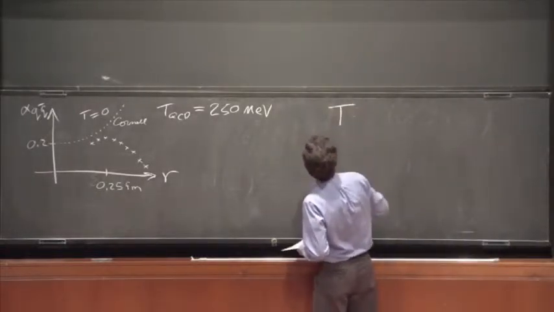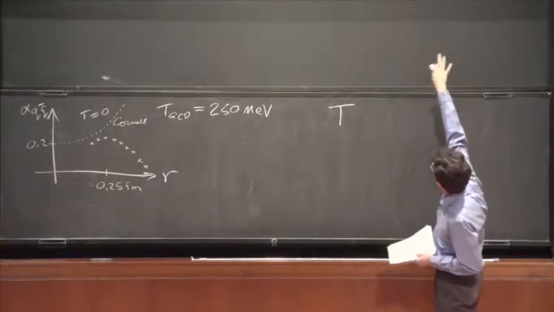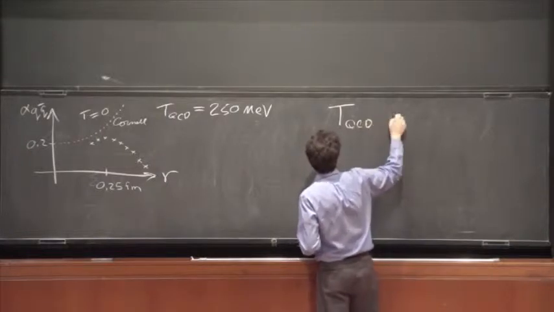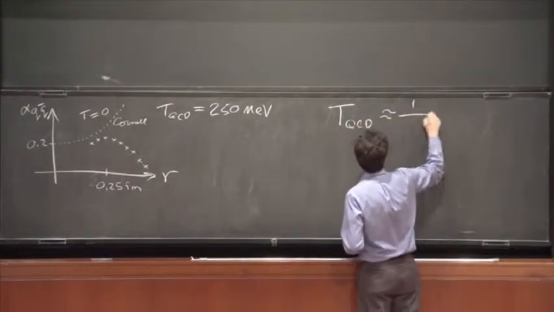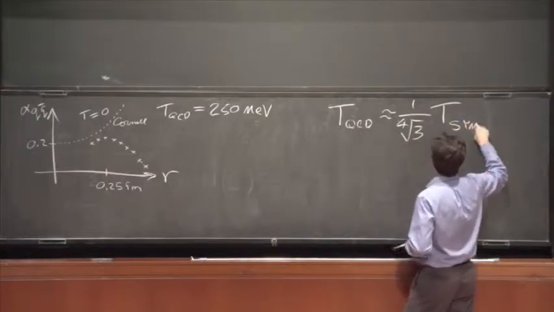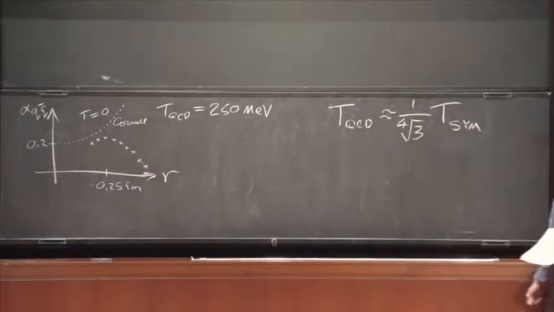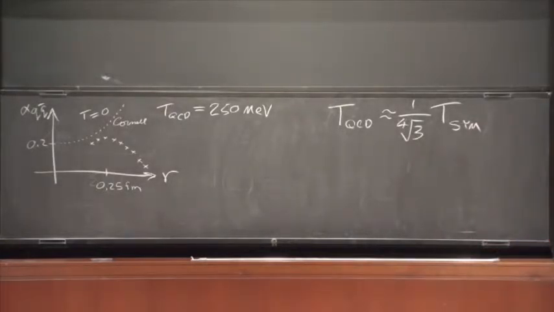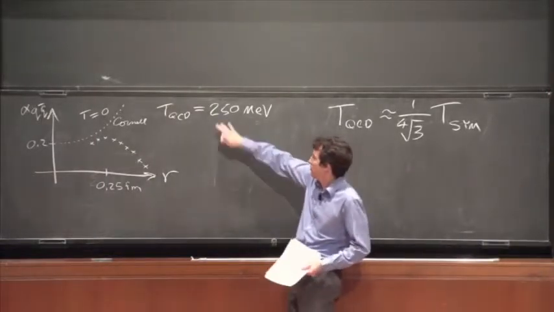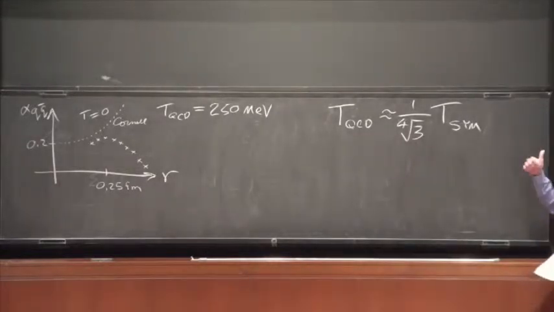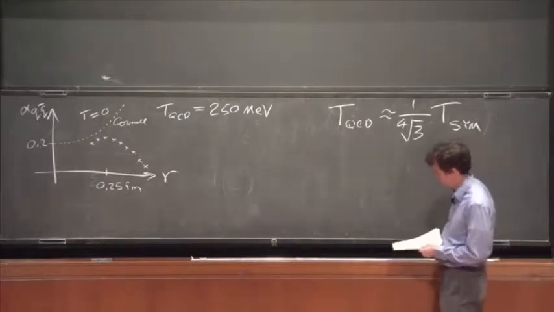What this equality means for the QCD temperature is that T_QCD is approximately equal to 1 divided by the 4th root of 3 times the temperature of super Yang Mills. The reason for this factor of 1 over the 4th root of 3 is that super Yang Mills theory has approximately 3 times the number of degrees of freedom as QCD at this temperature. Okay, so that's step 1, the funny factor of 3.